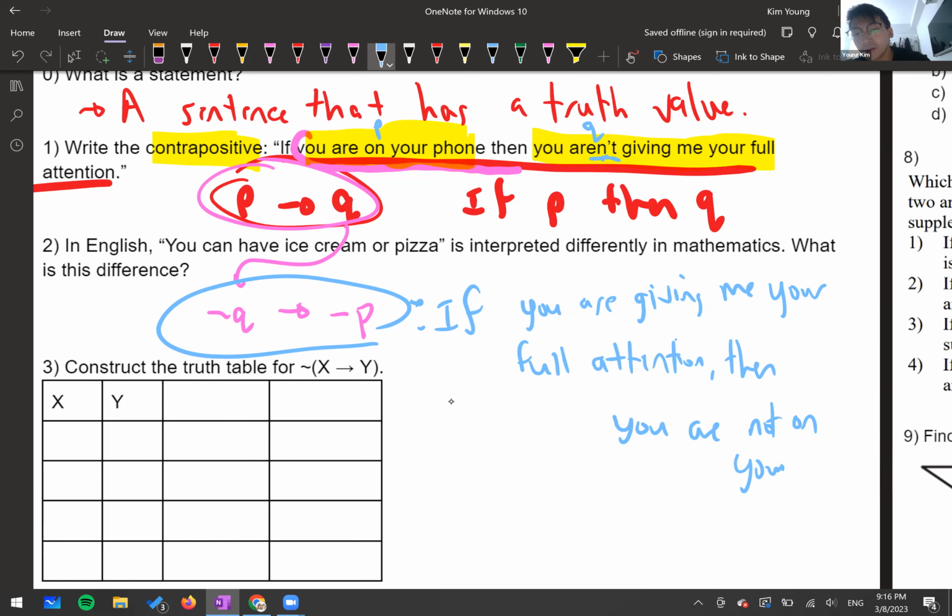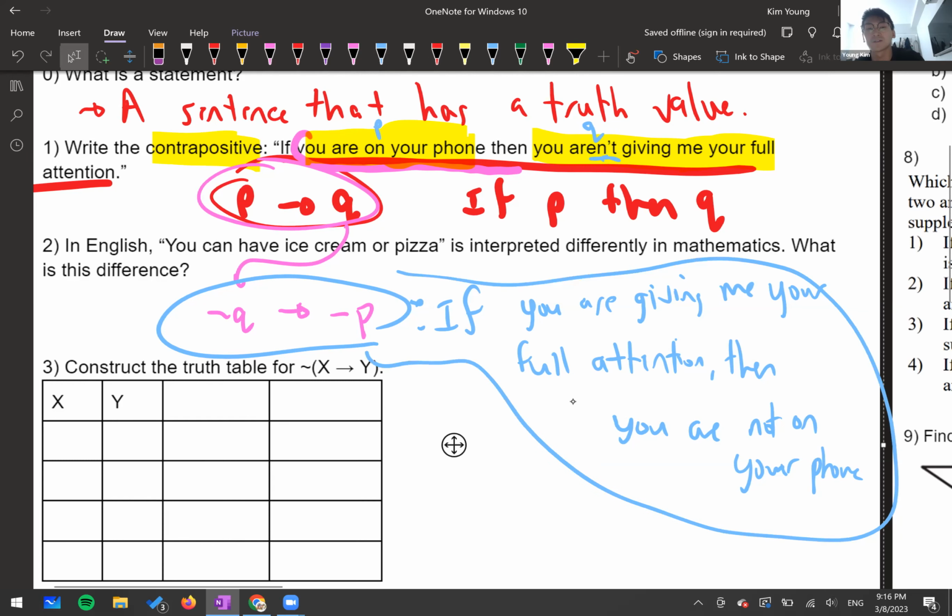Now, what's the truth of this statement? Well, the question didn't ask to evaluate this statement. It's just telling me to write the contrapositive, and this is it right here.